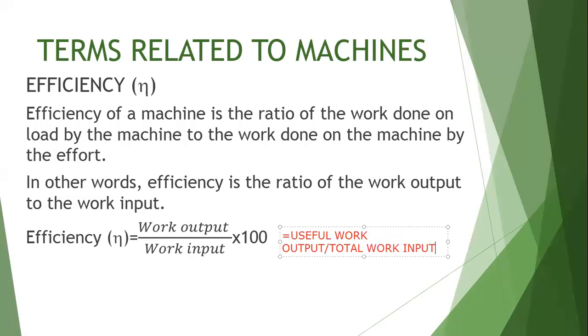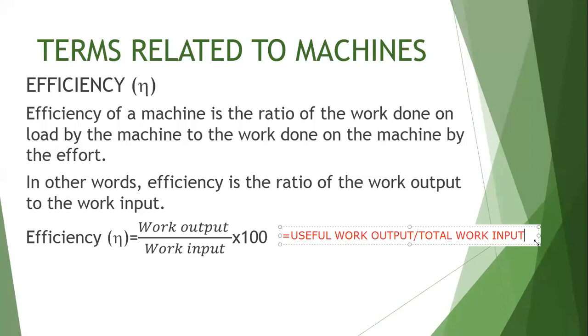You can define efficiency in this way because I'm using two terms here. One term is useful and the second is total. Now what is efficiency? Useful work output divided by total work input. Means how much is the total work we have done on the machine and how much is the useful work we are getting from the machine.